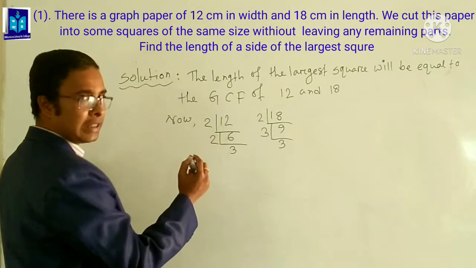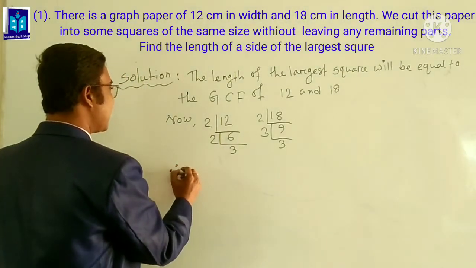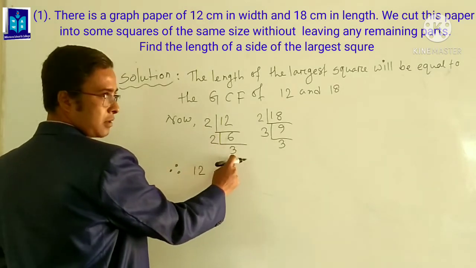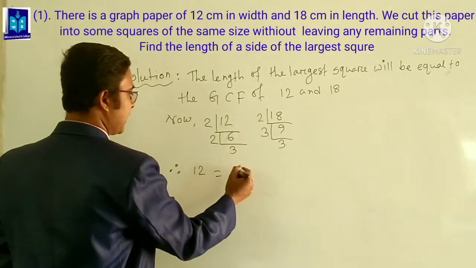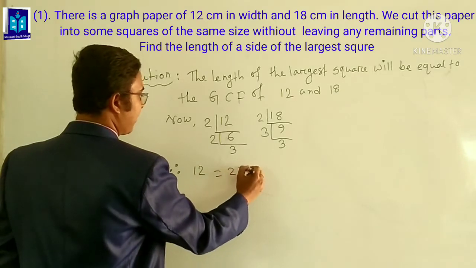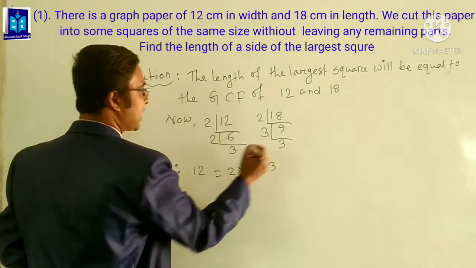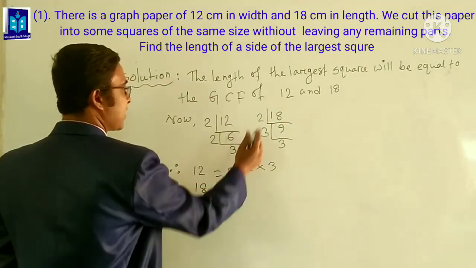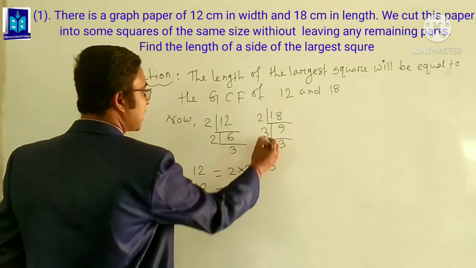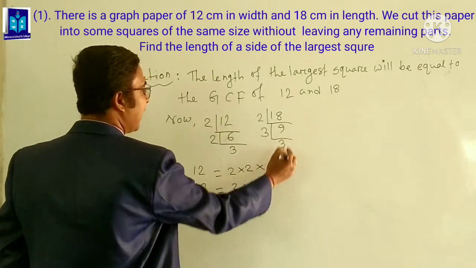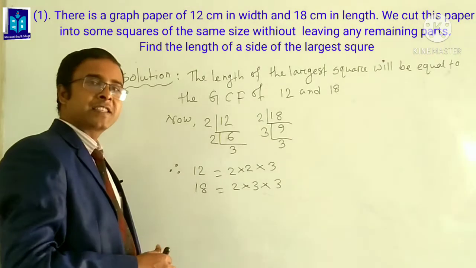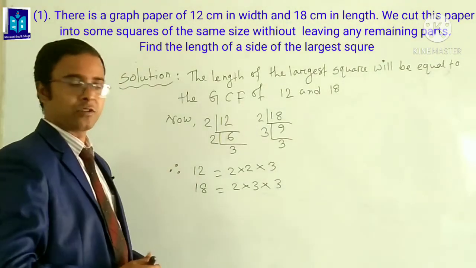Dear students, now we can write here 12 equals what? The product of these numbers. All are prime numbers. You see, 2 multiply 2 multiply 3. In the same way, we will find for 18. That means 2 multiply 3 multiply 3. Dear students, GCF means greatest common factor.